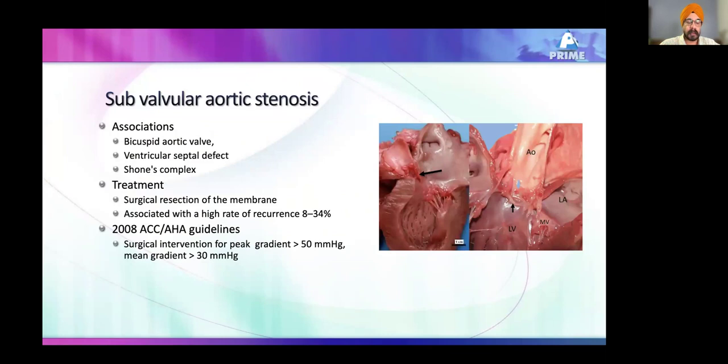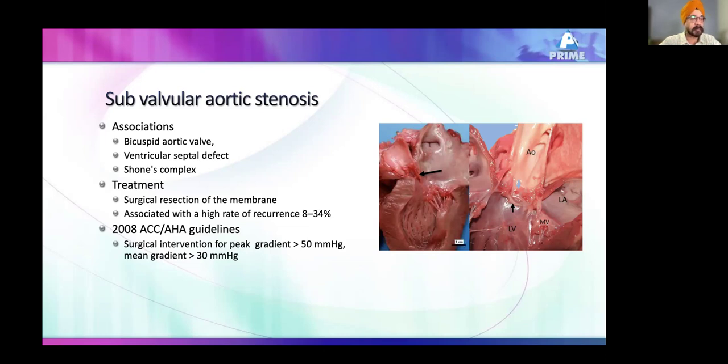So again, not going through the theory, one most important thing we should recognize is that in subvalvular aortic stenosis, the values are a little different from valvular aortic stenosis. The guidelines say if the peak gradient is more than 50 and the mean gradient is more than 30 in a subvalvular aortic stenosis, it is a good idea to do the surgery.